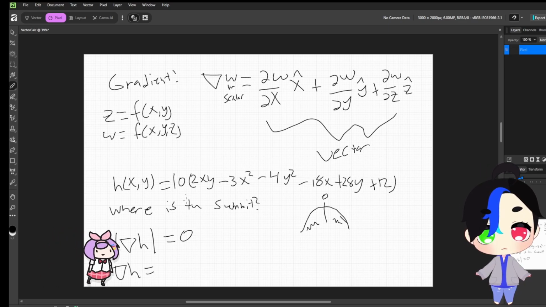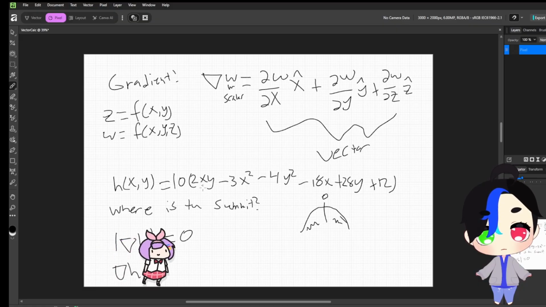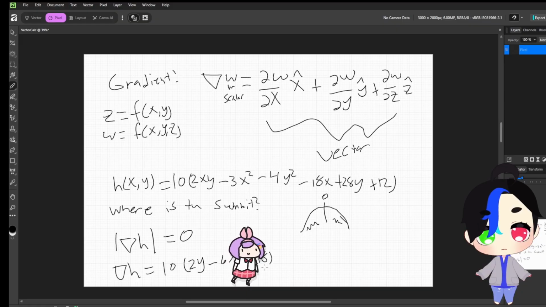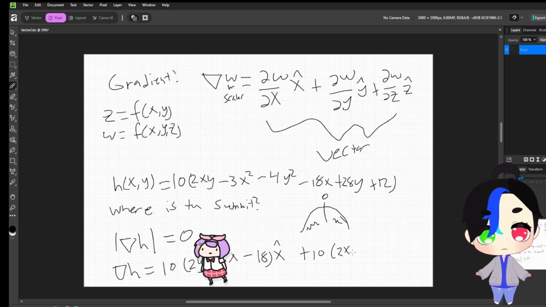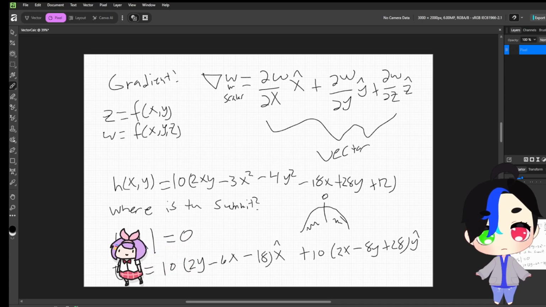So the derivative with respect to x is going to be 10 times 2y minus 6x minus 18 x hat plus 10 times 2x minus 8y plus 28 y hat.